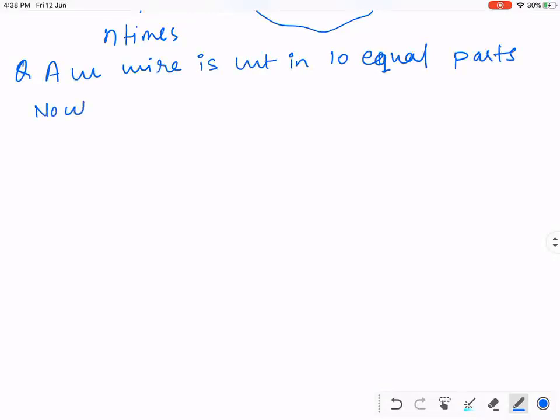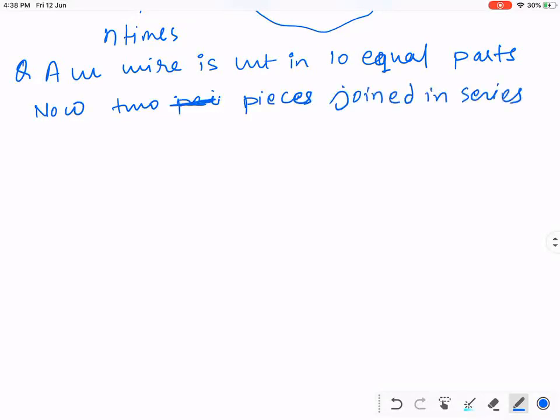Now two pieces joined in series, and then 5 such combinations.